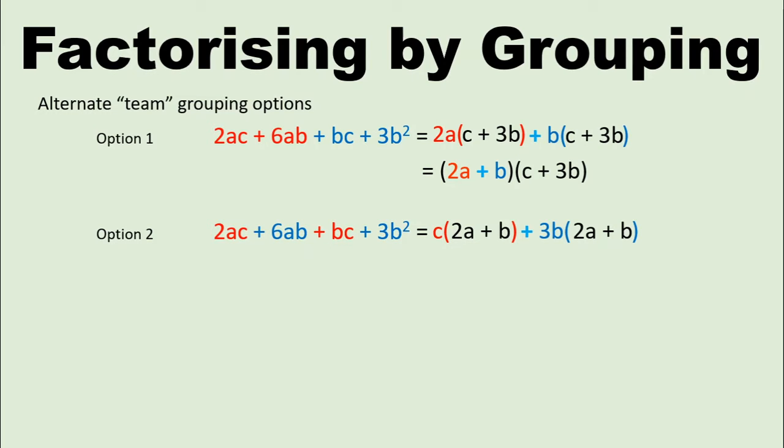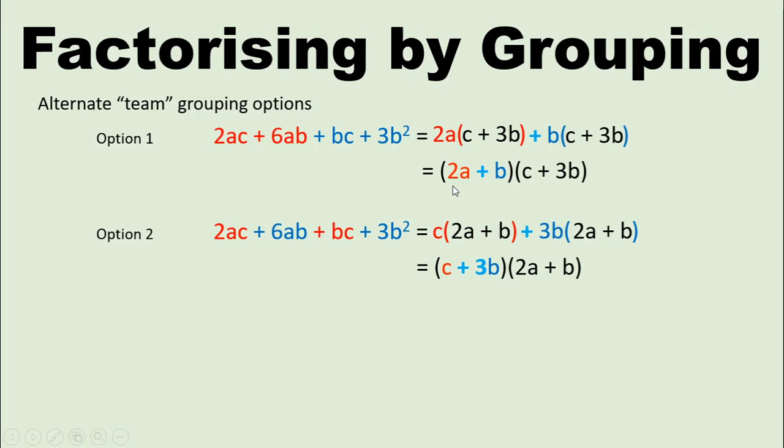So setting up our brackets, we definitely know that one of our brackets is going to be 2a plus b, and the other bracket will just be where the two quarterbacks get together. So c plus 3b is our first bracket, and 2a plus b is our second bracket. Notice that although we made different teams, we end up with the same factorized expression.